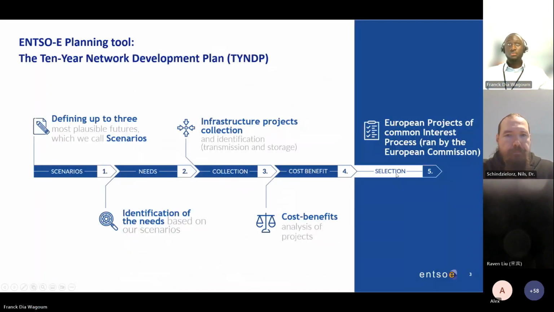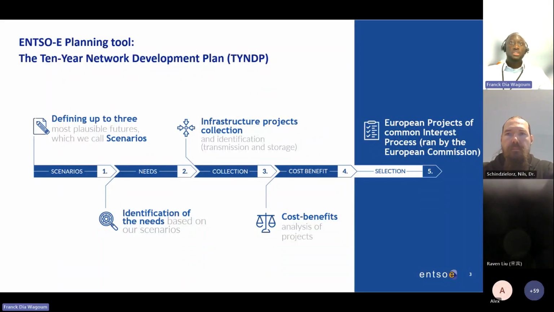So, as a quick reminder, an overview of the TYNDP process as a whole. As many of you may know already, the TYNDP process is a 2-year process, mainly separated in four main steps. First of all we have the scenarios themselves, where plausible futures are defined based on national developments, but also based on targets from the European side in terms of greenhouse gas emissions, but also CO2 neutrality, for instance, in 2050.